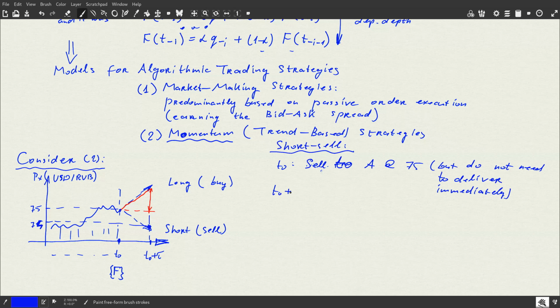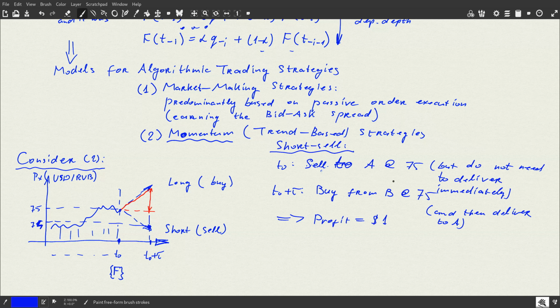At T0 plus 2, buy from B at 74 and then deliver to A. So obviously your profit equals $1 in this case, because you sold at a higher price than you bought it back. That's a completely normal market practice, which you have no doubt heard about, which is called short sell.